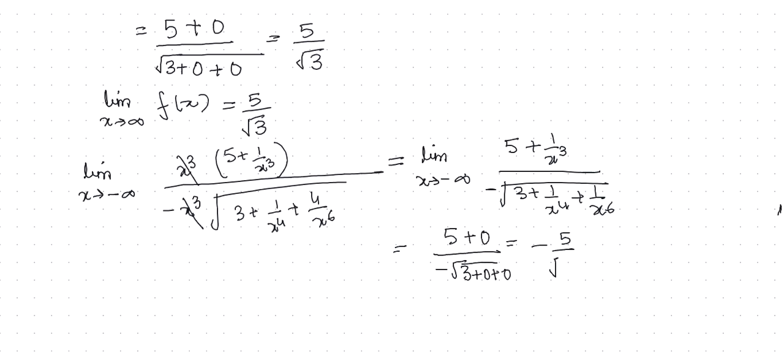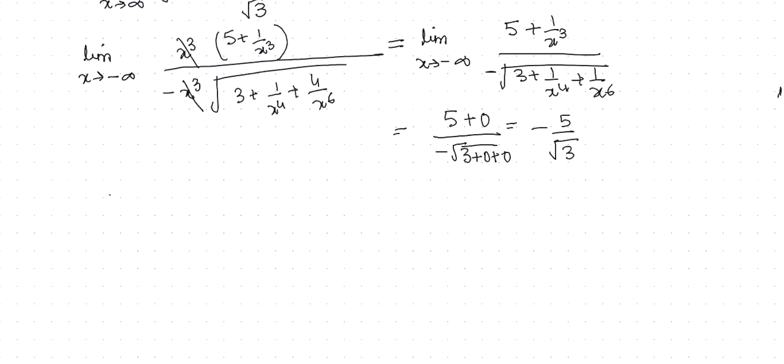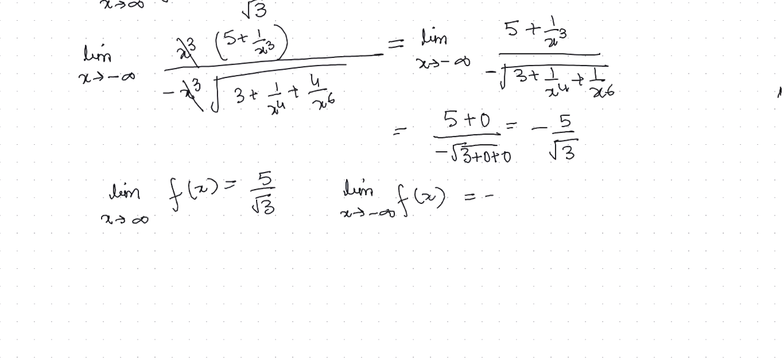So the limit of the function as x tends to positive infinity was 5 over the square root of 3, and the limit as x tends to negative infinity of f of x is negative 5 over the square root of 3.